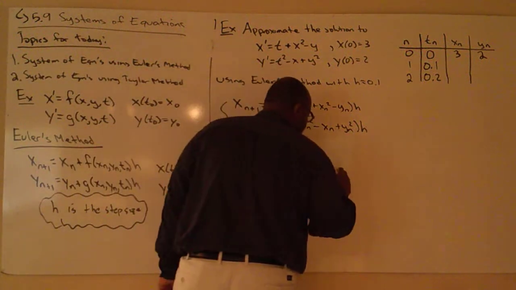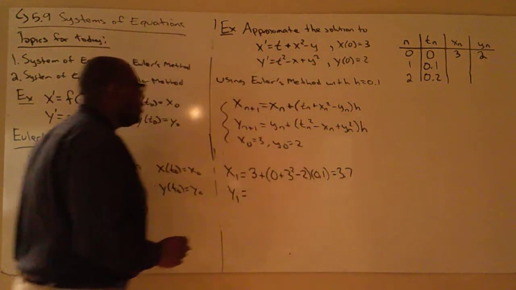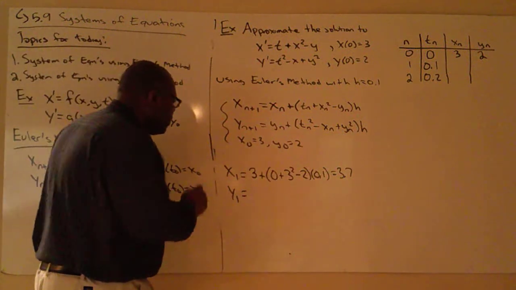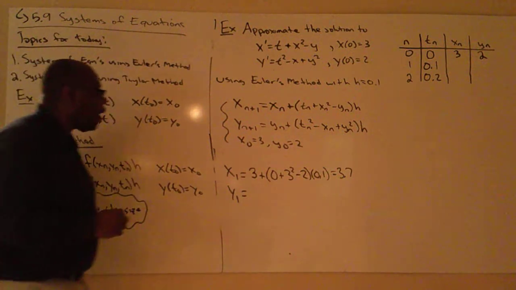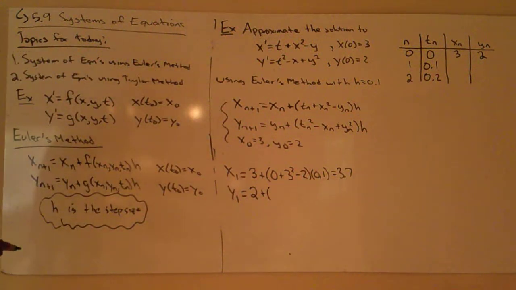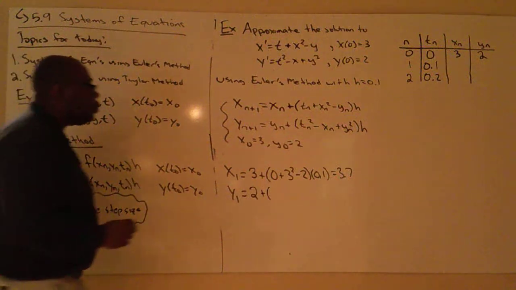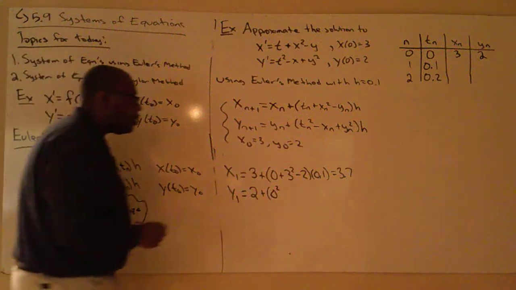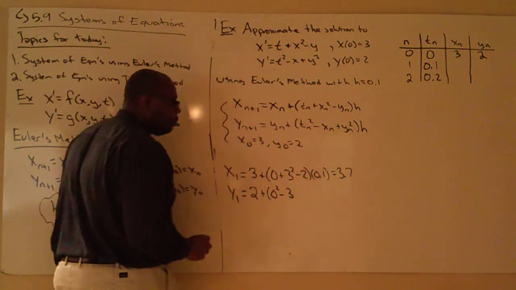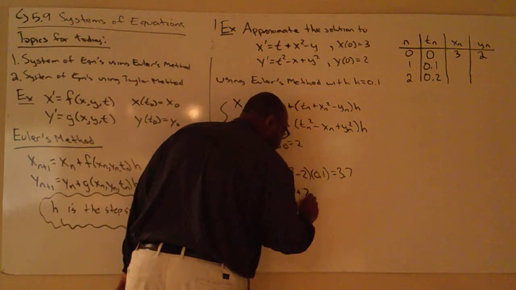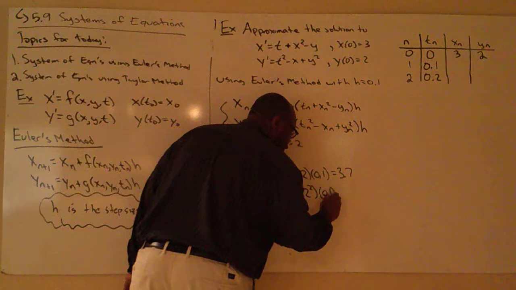I want to make sure that I do these together, x1 and y1 together. y1 is going to be equal to y sub 0, which is 2, plus the quantity t sub 0 squared, which is 0 squared, minus x sub 0, minus 3, plus y sub 0 squared, which is going to be 2 squared, times 0.1.